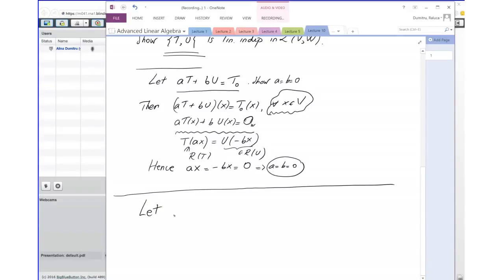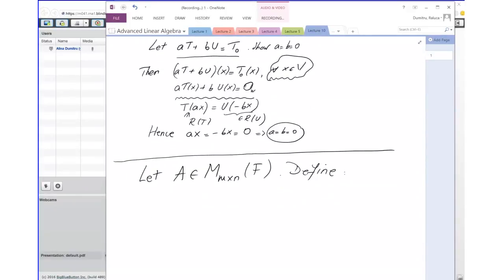So let A be an m by n matrix with entries in a field F. So what did we do so far? We had a transformation, we associated to that a matrix, right? That's what happened in this section 2.2. What I'm going to do now is to go backwards. I have a matrix and I'm going to associate to it a linear transformation in the following way.